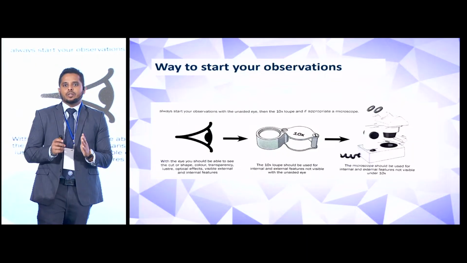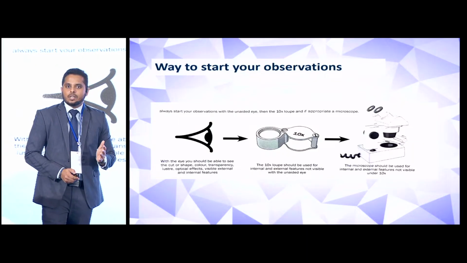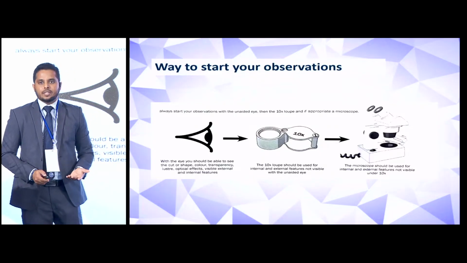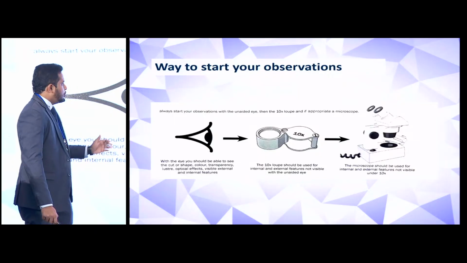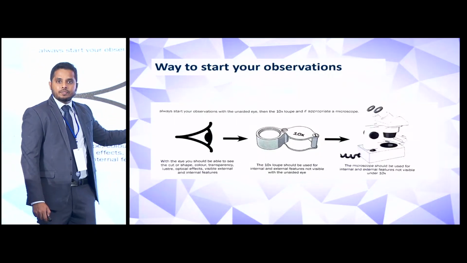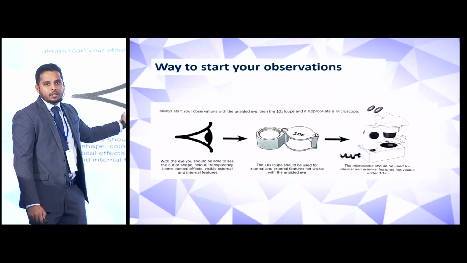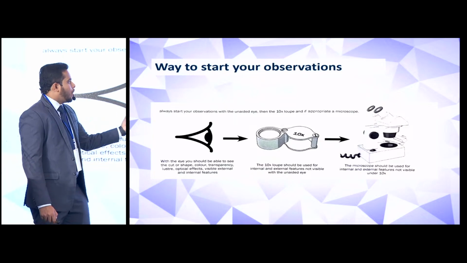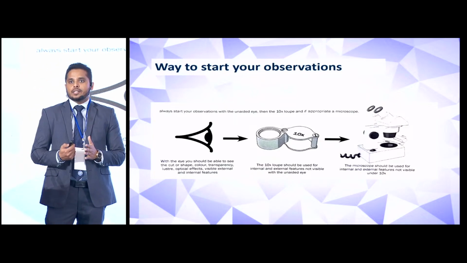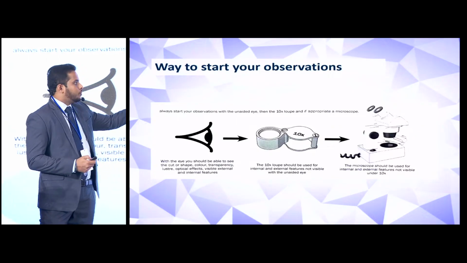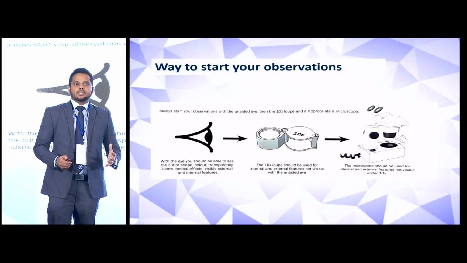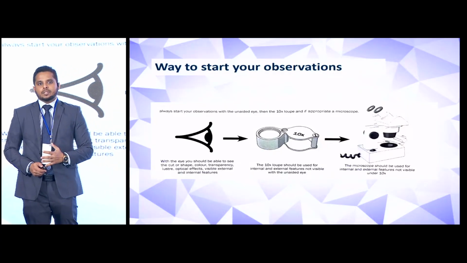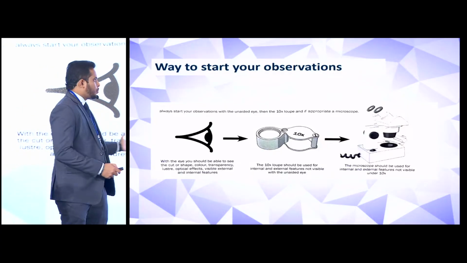So you have to get a loupe created for gemological purposes, so that most of the time you can go up to a magnification of 10 times or even 20 times. If you cannot take decisions out of that, then definitely you have to go for a microscope, which gives you a magnification of 60 to 80 times. So this is your process.